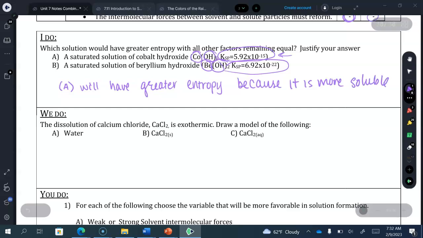Okay, so now the dissolution of calcium chloride is exothermic. Draw a model of the following. So if we draw water, and draw a couple water molecules, where this is my oxygen, that's O, and this is hydrogen.